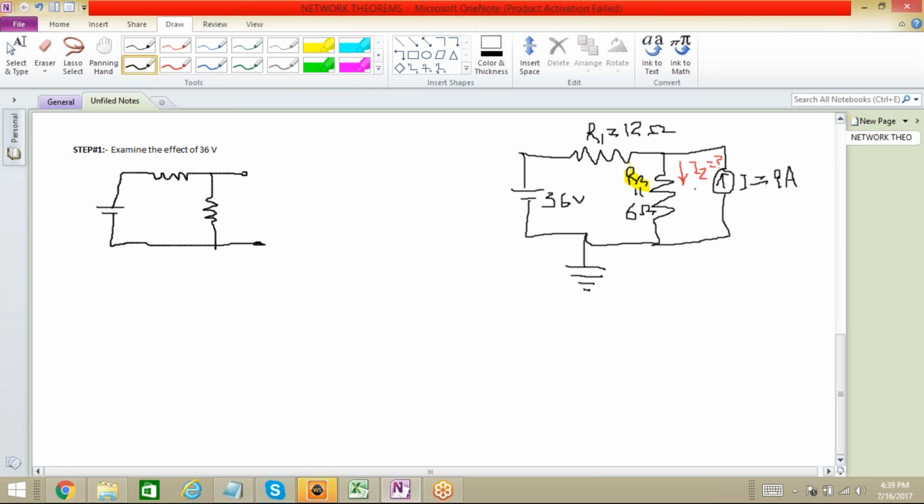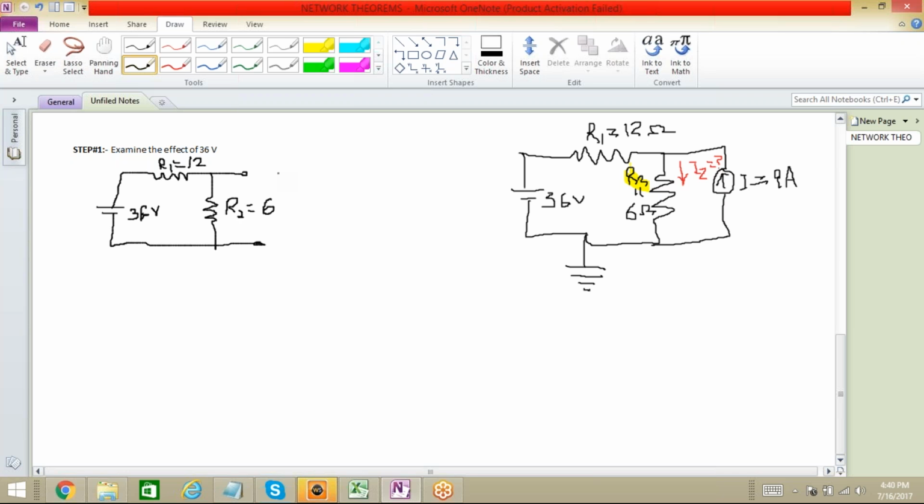Because I have replaced this 9 ampere current source. This time we have 36 volt, that will remain here. This R1 will remain as 12 ohm, and R2 will remain as your 6 ohm.